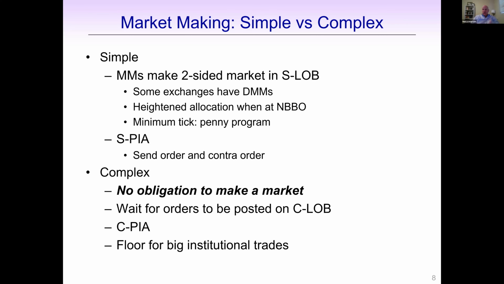And then the third execution protocol for complex trades is the exchange floors. From the beginning of options trading, it's been possible to execute complex trades on the exchange floors, and 5 of the exchanges still operate floors, which are typically used for large institutional trades.